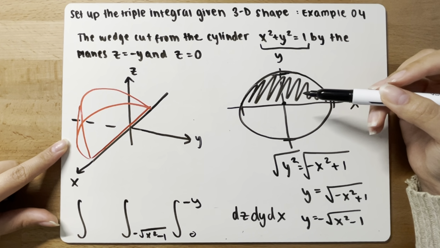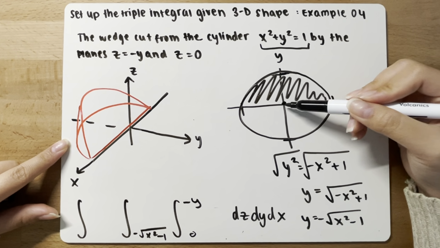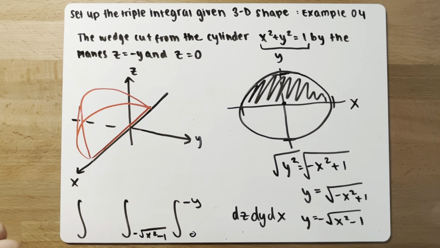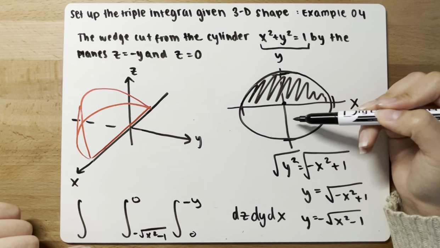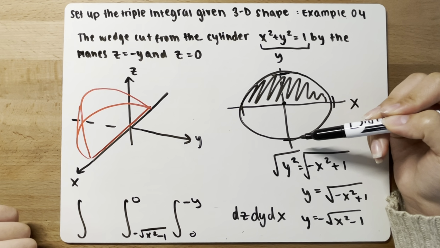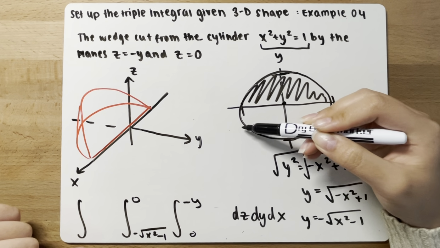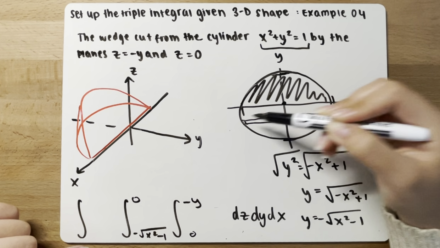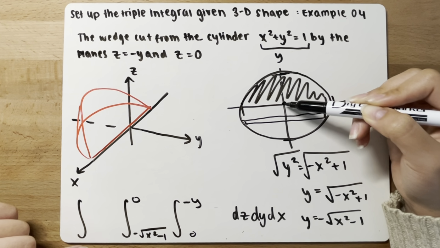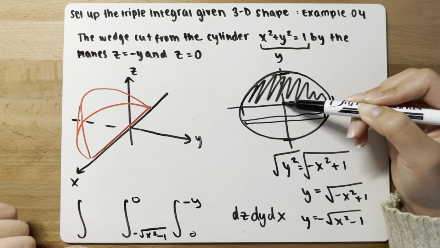Therefore, the upper boundary for dy will be 0, because say you have a slider that goes left and right, and you want to slide up and down, you can only go up until this point, which is 0.